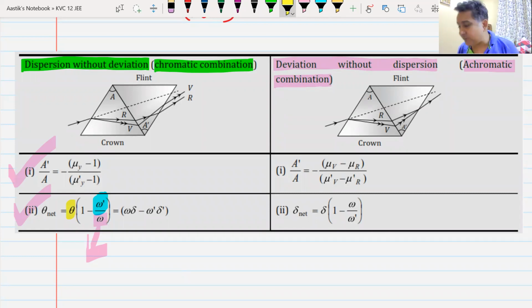This is one way of remembering this. The other way is in terms of omega and delta. Omega multiplied by delta: omega is the dispersive power of the first prism, delta is the deviation of the first prism, minus omega dash, the dispersive power of the second prism, multiplied by delta dash.